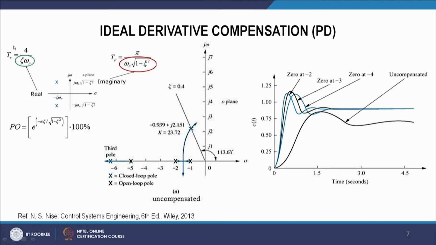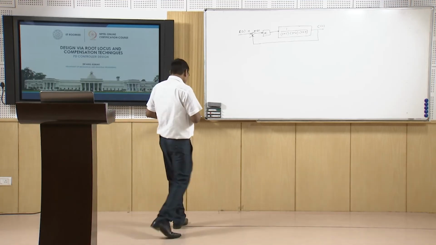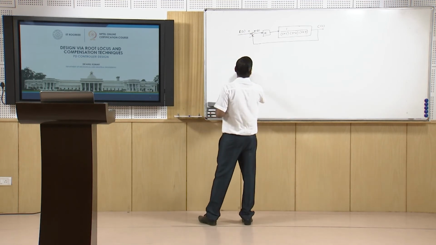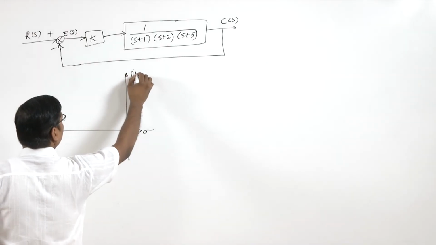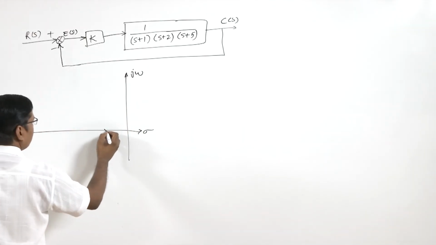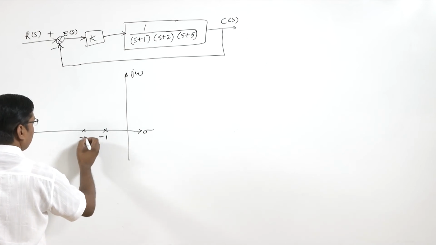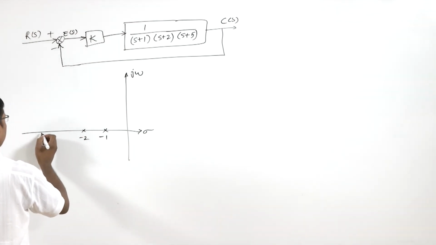So here we can see the settling time is 4 upon zeta omega n, and therefore we want to improve this settling time. However, percentage overshoot is a function of the damping, so the damping will be constant if we want to move along the 0.4 line. So if we plot the root locus for this system, we can see here -1, -2 and -5.